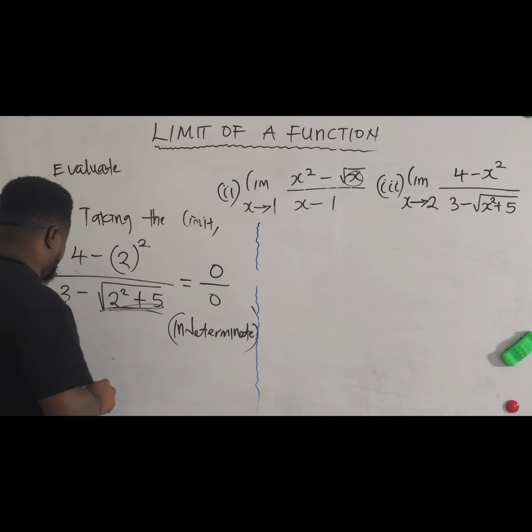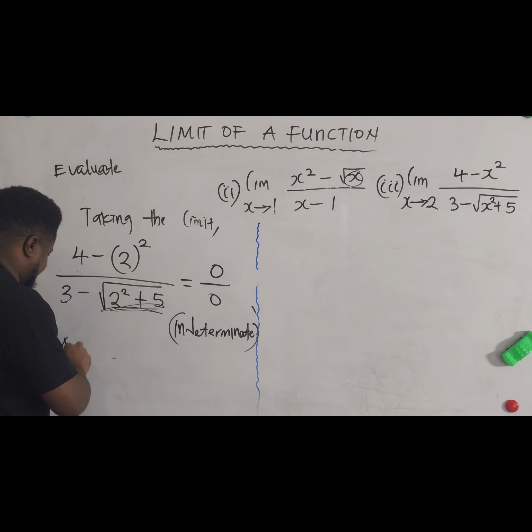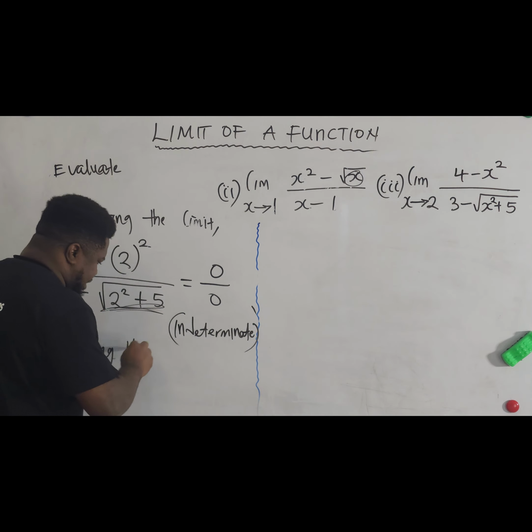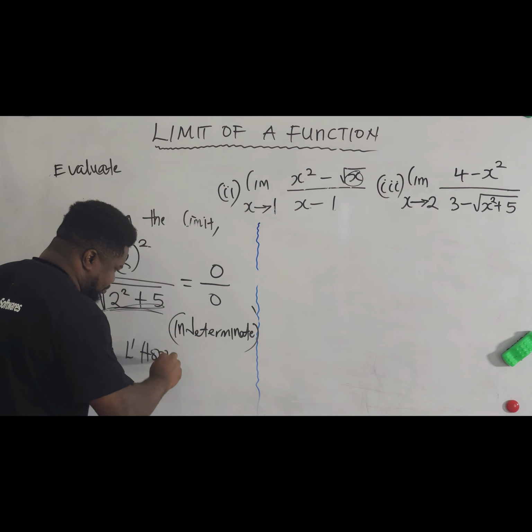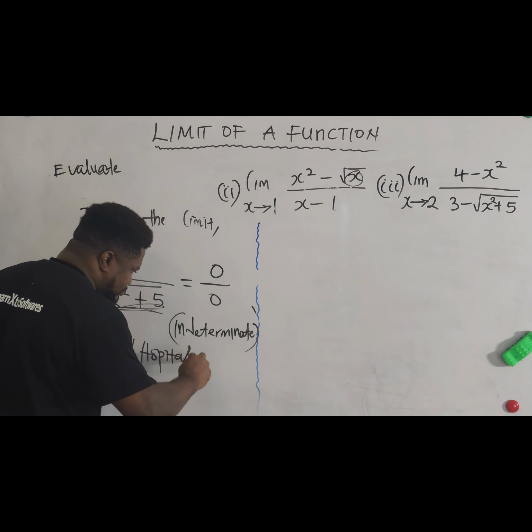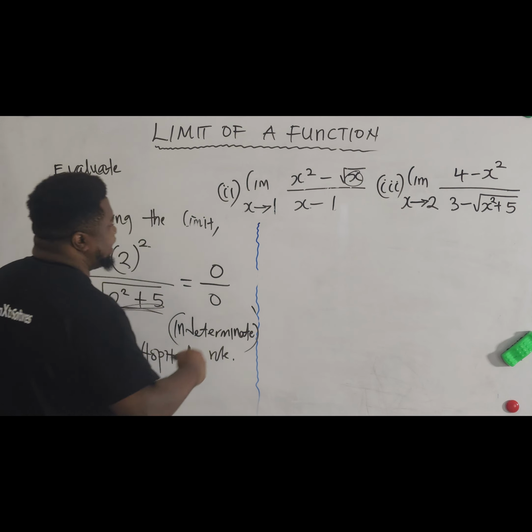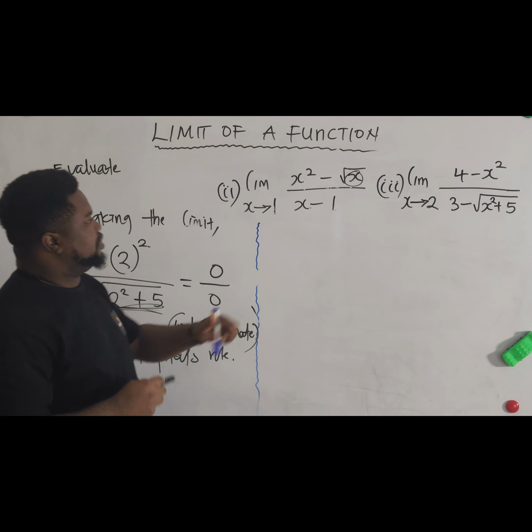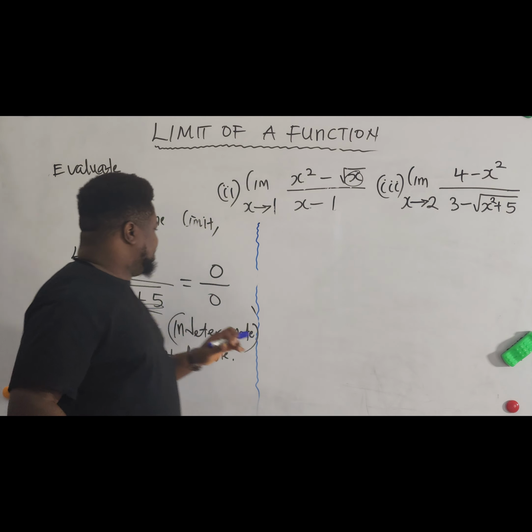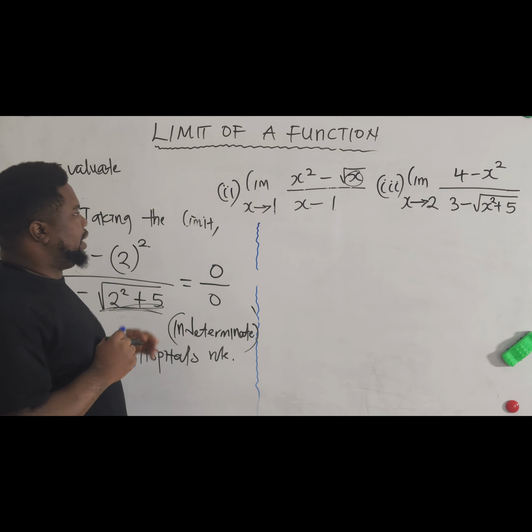So what do we do? We apply L'Hopital's rule. To apply it means differentiate the function that gives us 0 over 0 individually.